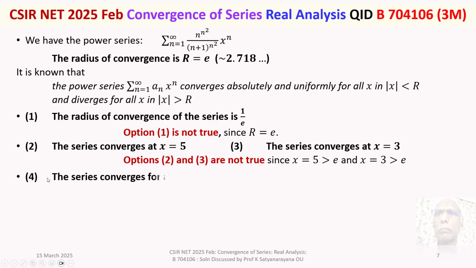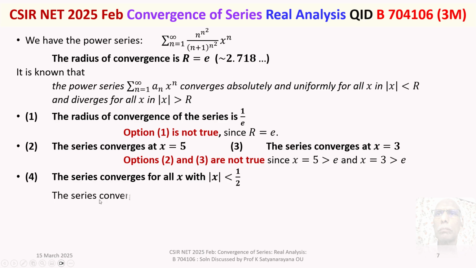Now consider option 4. So 1, 2, 3, they are all not true. Obviously, option 4 must be true. But let's see. Option 4, the series converges for all x with mod x less than half. So mod x less than half is less than e, because 1 by 2 is 0.5, and e is 2.71.